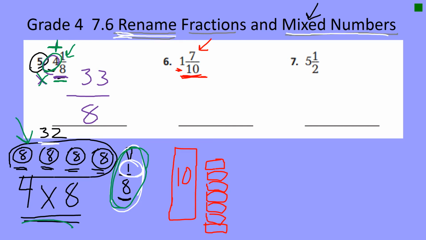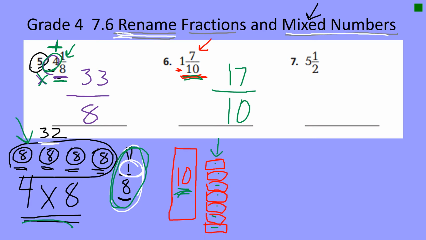So how many tenths do we have? Well, there are 10 right there. And then there are 1, 2, 3, 4, 5, 6, 7 right there. So what's 10 pieces plus 7 more? 10 plus 7? That's 17 pieces. 17 tenths, right?